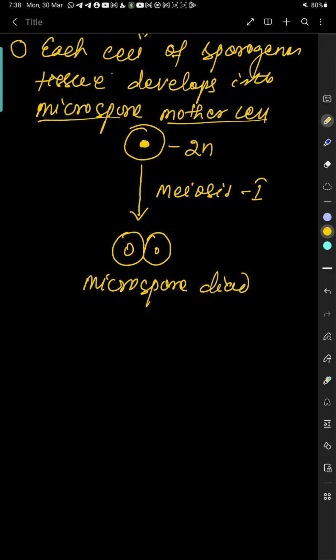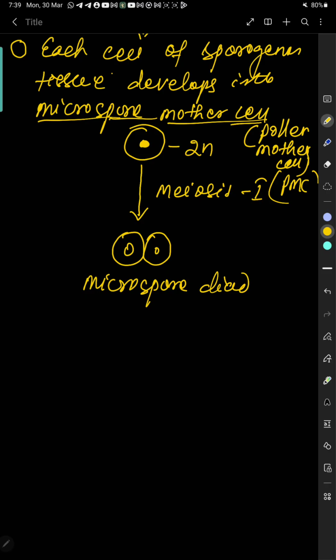This microspore mother cell is otherwise known as the pollen mother cell or PMC. So this PMC undergoes first meiosis and forms 2 cells, each of which is n. They are n, meaning haploid.